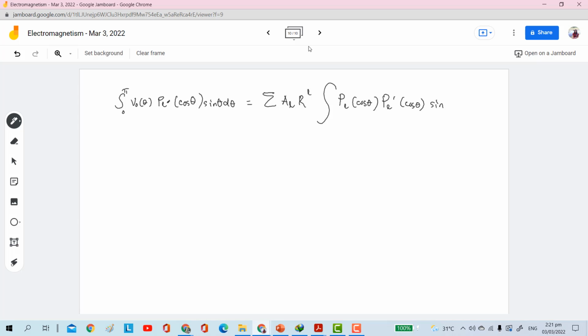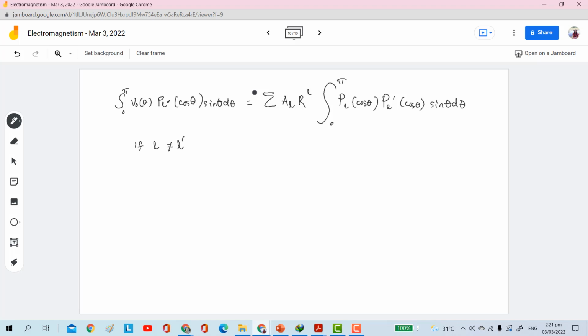You have sin theta d theta. Now, this integral, again, is from 0 to pi. In class, what is its value?